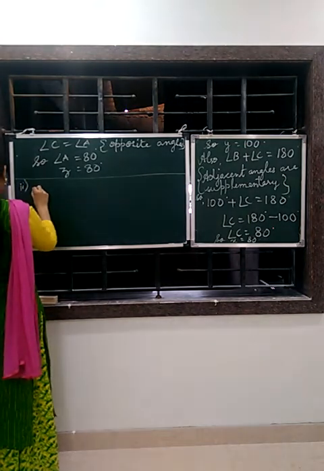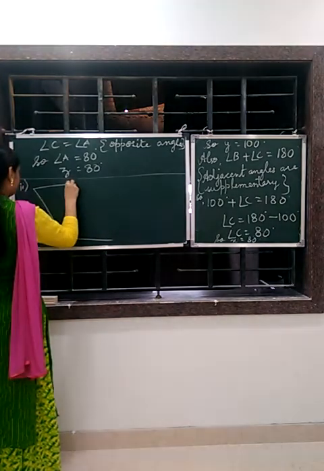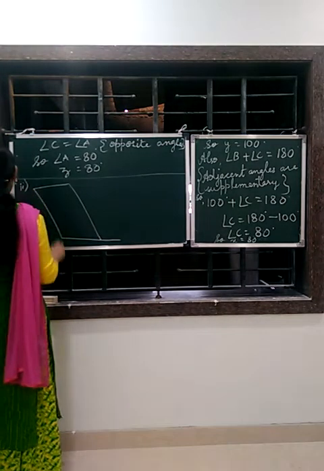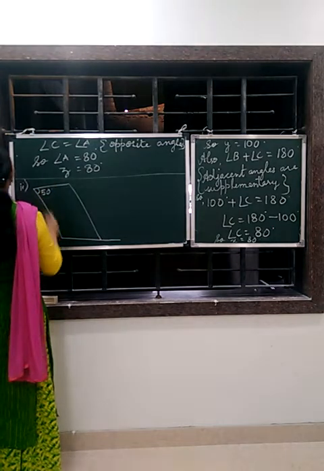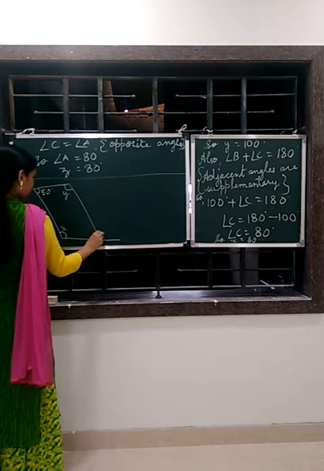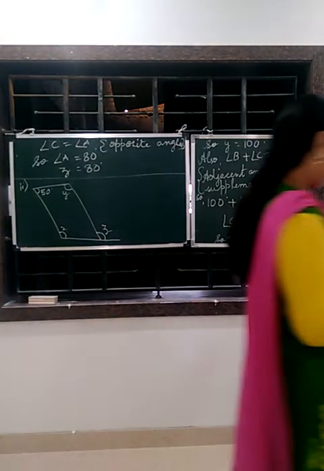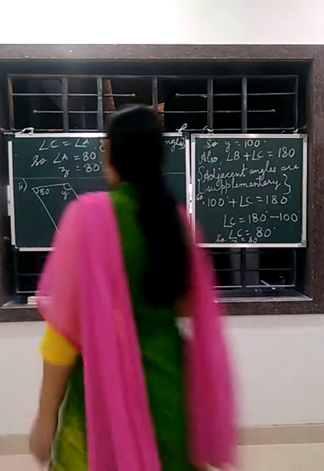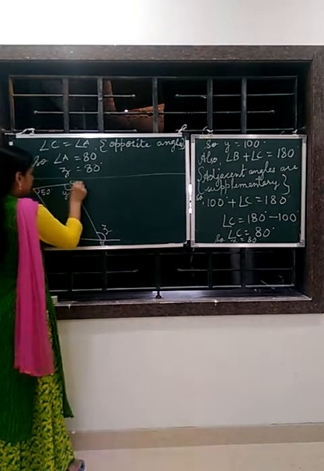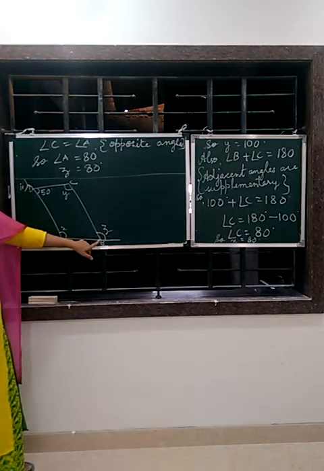Second one. It is not named, so we can name angle A, B, C and D. Now, interior angle D will be equal to interior angle B. Why?